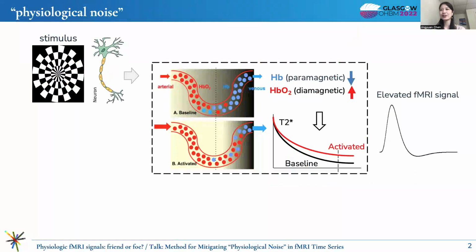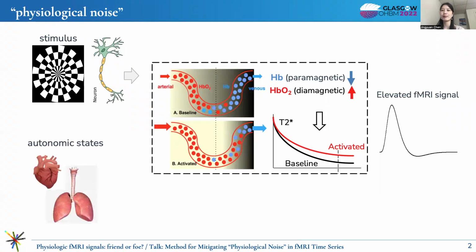As we already know, fMRI indirectly tracks neural activity through the cascading hemodynamic changes. And we learned from the previous talk that accompanying these neurogenic responses triggered by external or internal stimuli, there are also active autonomic processes going on in the body.